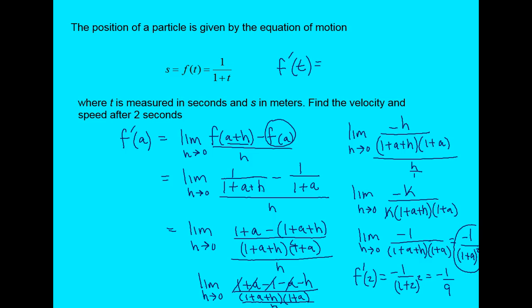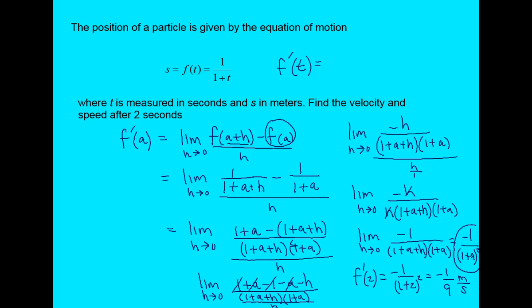So we'd get negative 1/9, and our units would be meters per second. That is the velocity of the particle at 2 seconds.